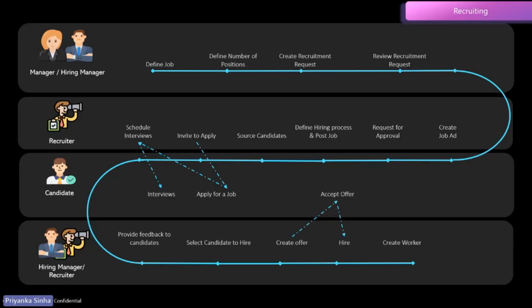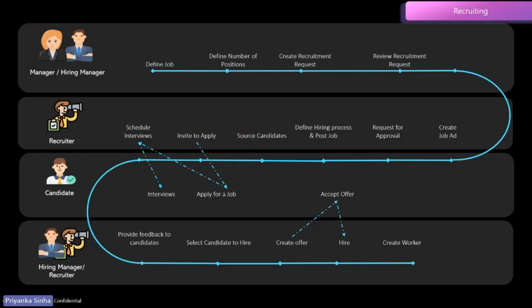First, let's try to understand what is the value addition we are going to get. It is a well-defined end-to-end recruitment process, ensuring the right candidates are hired efficiently. This improves HR operational excellence, supports compliances and stakeholder involvement, like finance, HR, IT, and many more.